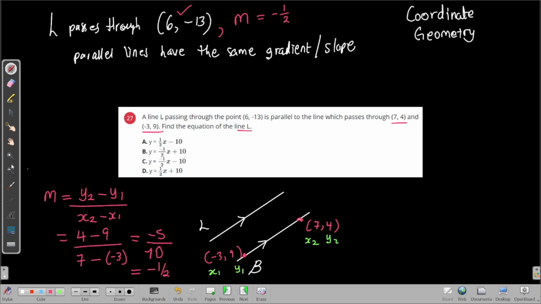Okay, so now if we're to find the equation of L, this is the formula you would use. y minus y1 is equal to gradient times x minus x1. So we have y minus, our y1 is the y coordinate of that point, minus 13. Our m is minus 1 over 2 into bracket x minus, this is the x coordinate here, and that's 6.